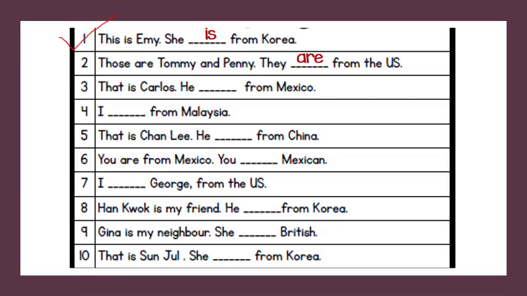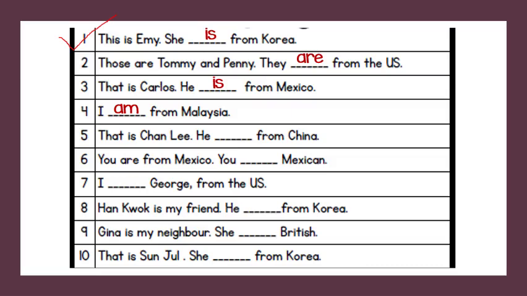Number 3, that is Carlos. He is from Mexico. Remember to put a tick if you got that correct. Number 4, I am from Malaysia. Again, another tick if you get that correct.